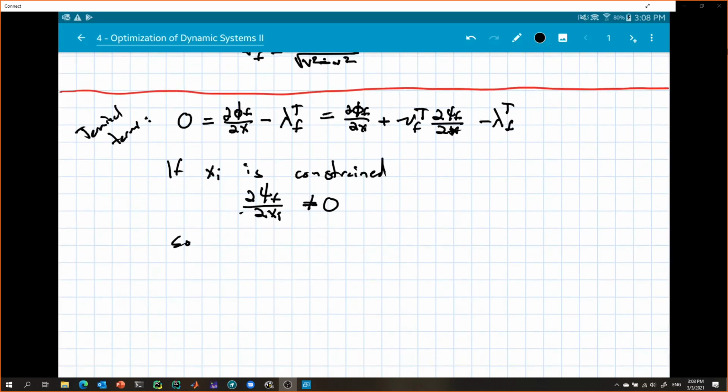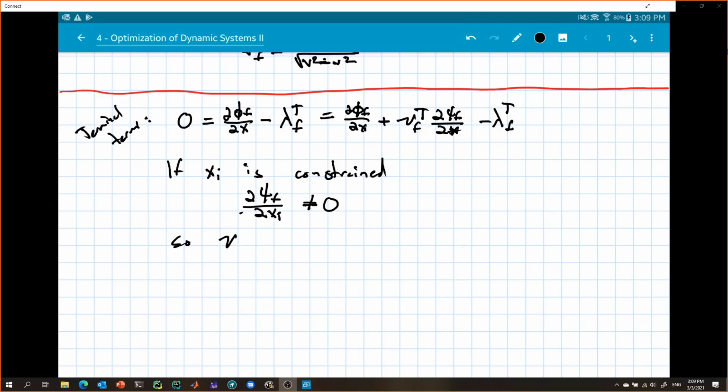If this is not 0, then this together has to be, oh yeah, so this isn't 0, but that means, this is the way to say it.